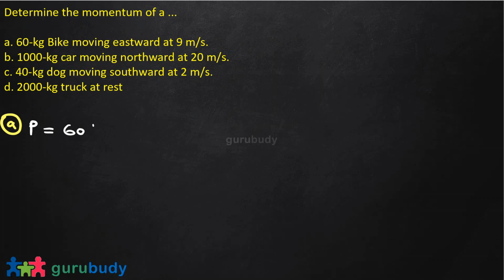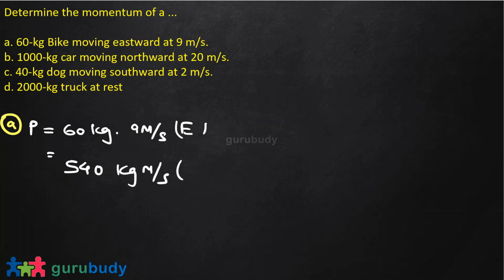So mass is 60 kg and velocity is 9 meter per second in the east direction, right? So momentum is basically 540 kg meter per second eastward. Don't forget momentum is a vector quantity. We have to specify the direction.